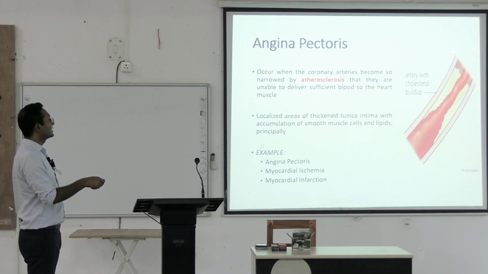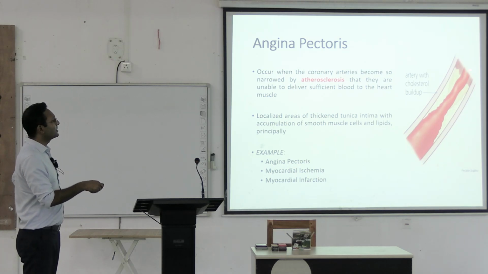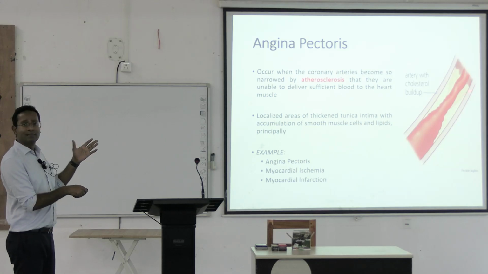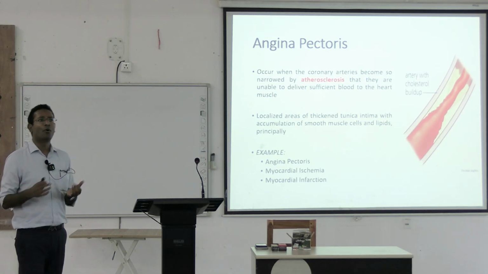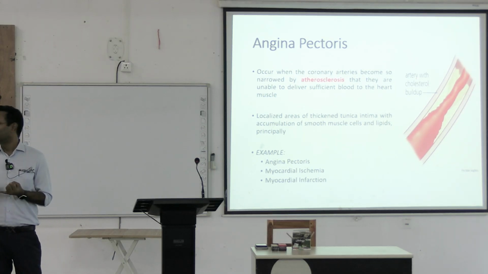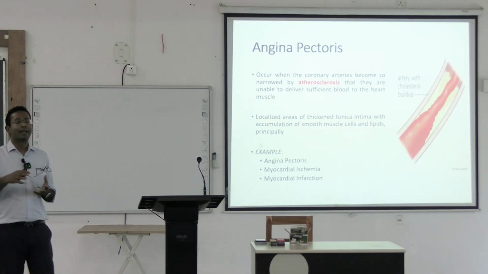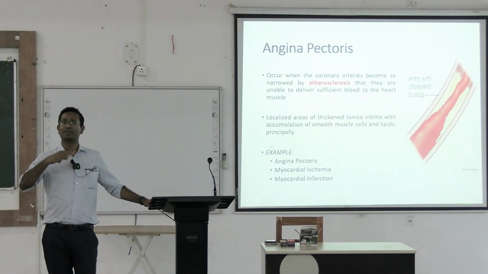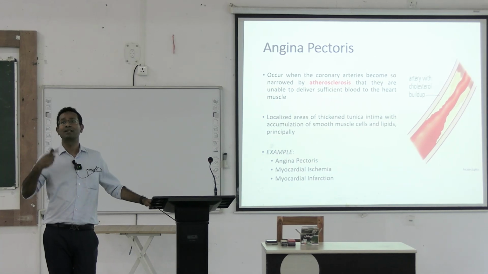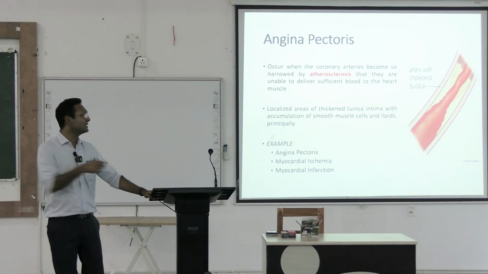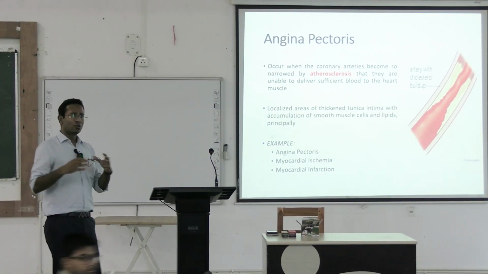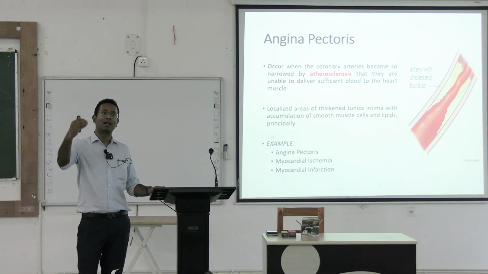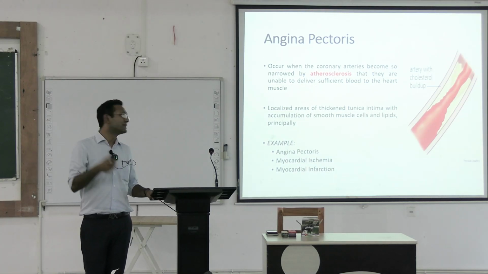If you look at the photo, there is narrowing of the blood vessel because of deposition of cholesterol buildup or plaque, or it could be a recently moved emboli or a thrombus which is dislodged, and platelet aggregation happens at this site. So, there is narrowing of the blood vessel, and blood flow through the arteries decreases.